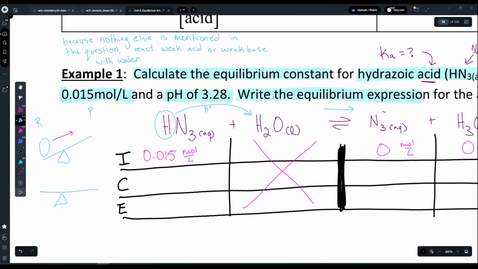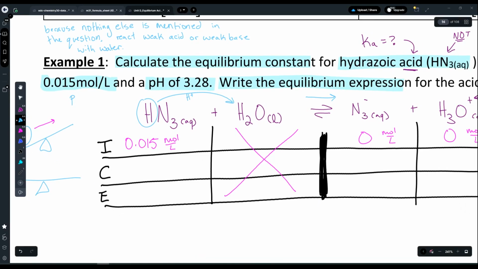So that's more of a visual way to figure out whether the forward reaction or reverse reaction is favored. And because of that, we now know the reactants are being used up and the products are being produced. So in the change row, I'm going to go minus x.